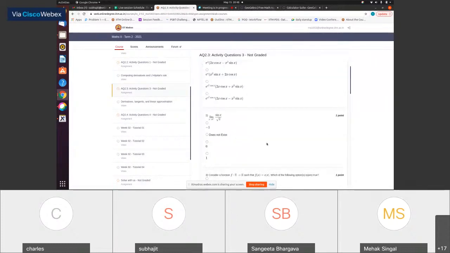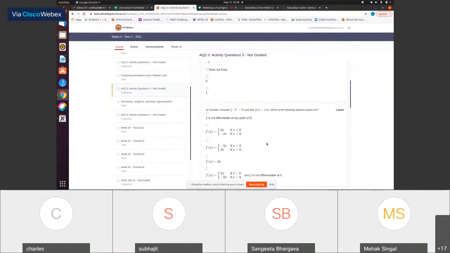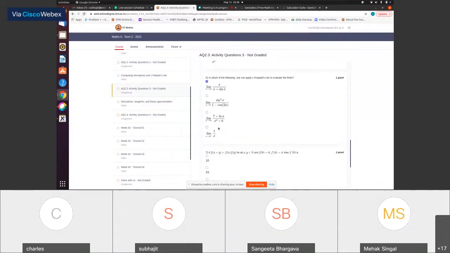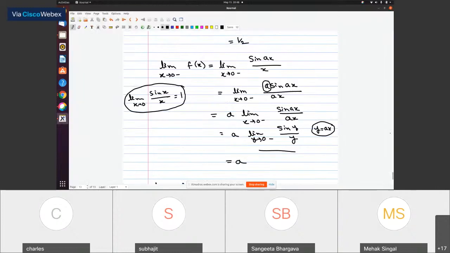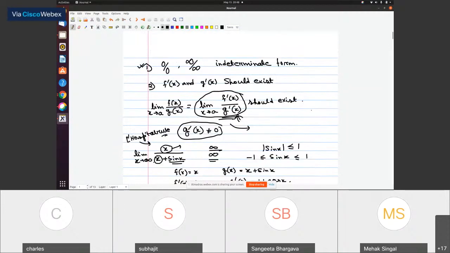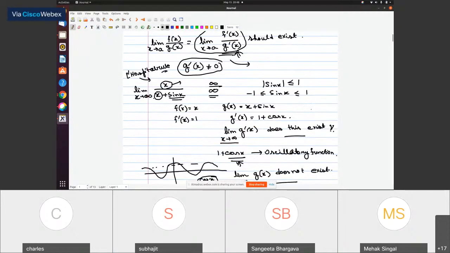Question number 6. This I have started with today. I am trying to explain this. Sir, I have a problem in option number 1. So, sir, how can we evaluate the limit of this function?